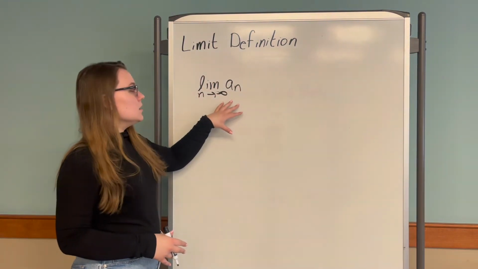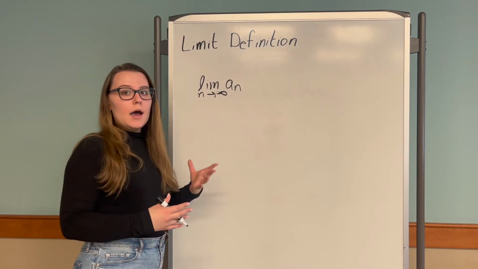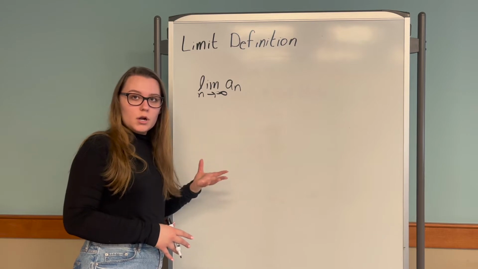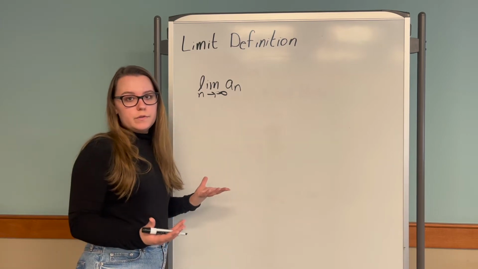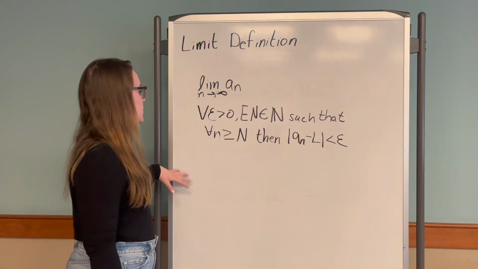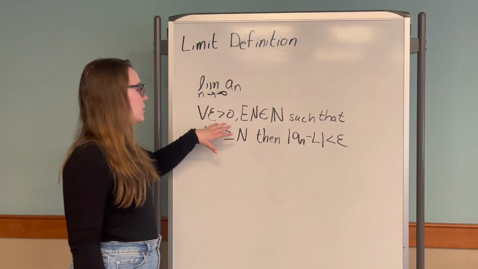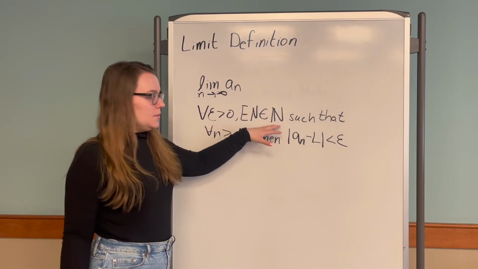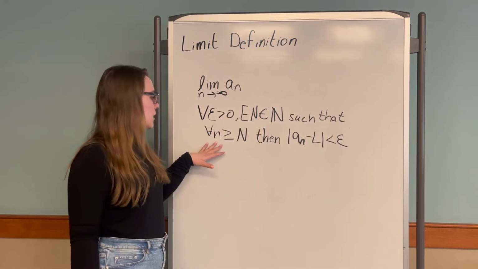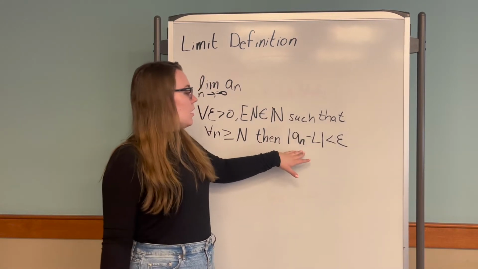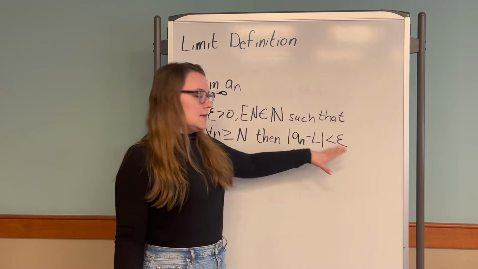In other words, this sequence a_n either goes to some concrete value or it goes to infinity or some other does not exist value. So the limit definition is for every epsilon greater than 0, there exists a big N in the set of natural numbers such that for every little n greater than or equal to big N, the absolute value of a_n minus L is less than epsilon.